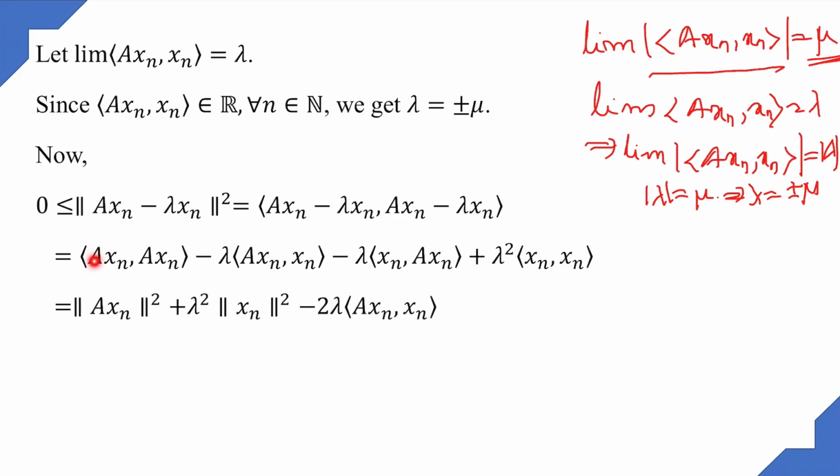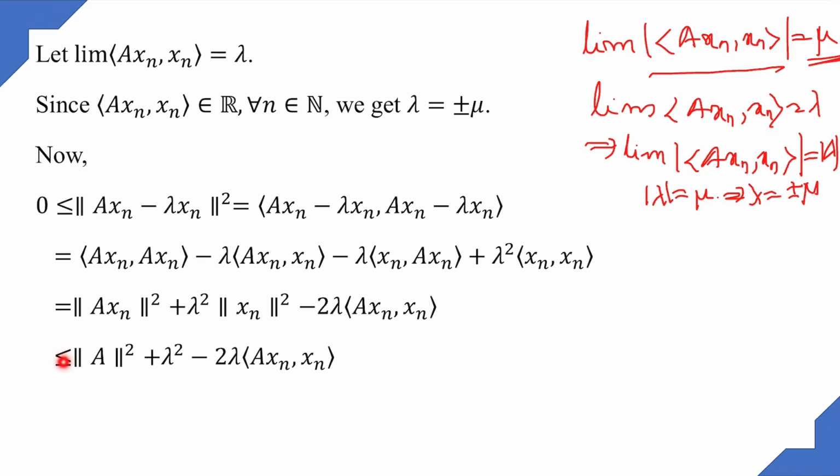The first term is norm of Axn squared, and the last term is lambda squared norm of xn squared. Since A is a symmetric operator, inner product of Axn, xn is the same as inner product of xn, Axn. So together we can write minus 2 times lambda inner product of Axn, xn.